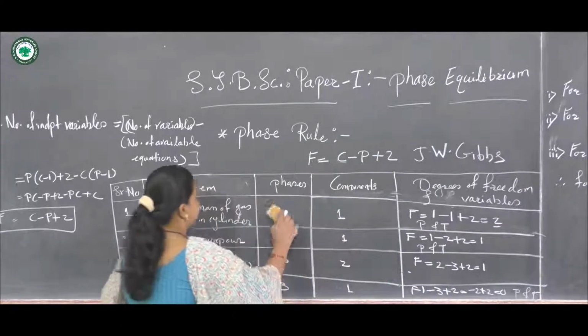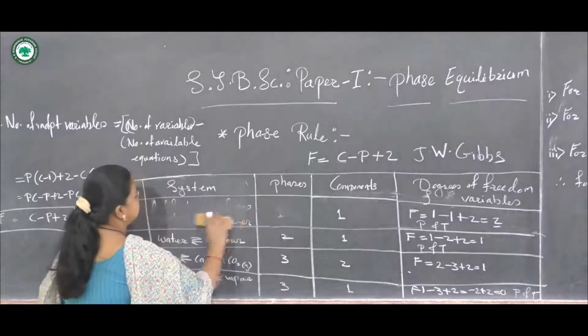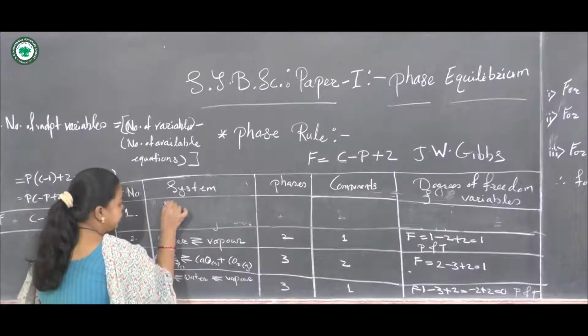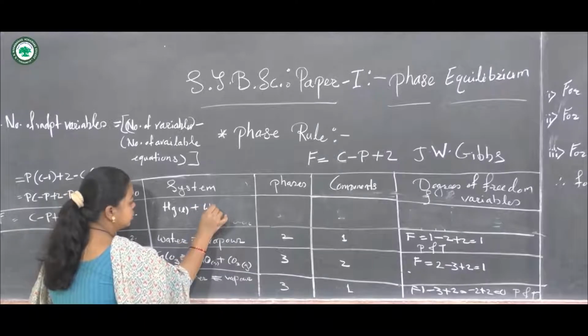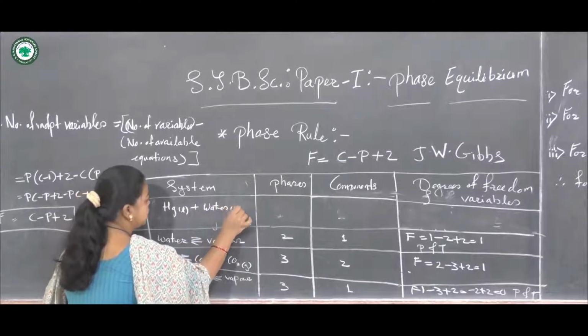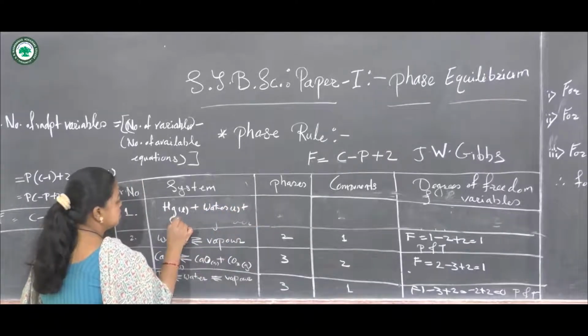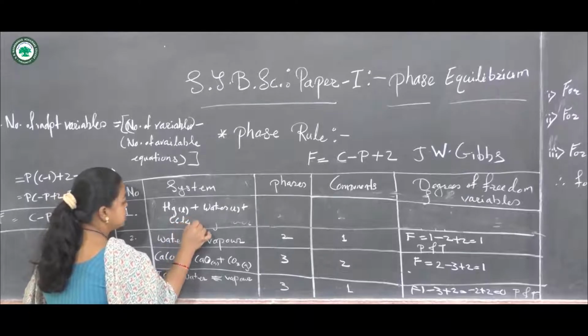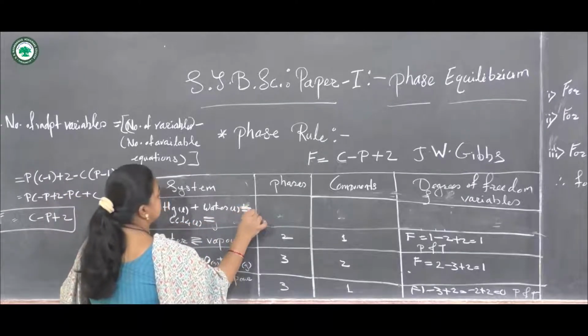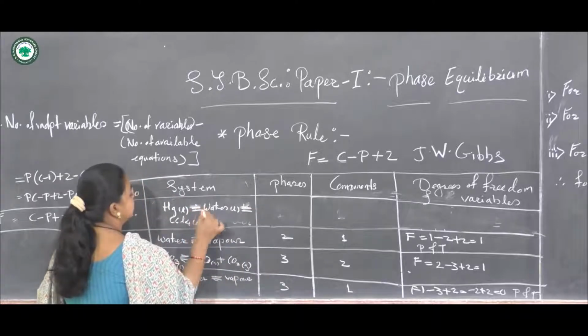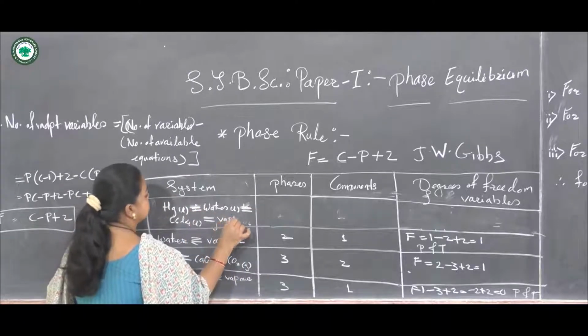Now let us consider one more example here. Mercury in liquid state plus water in liquid state plus CCl4 in liquid state, in equilibrium with vapors.